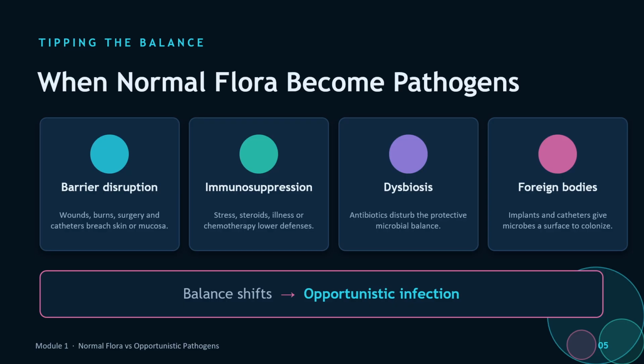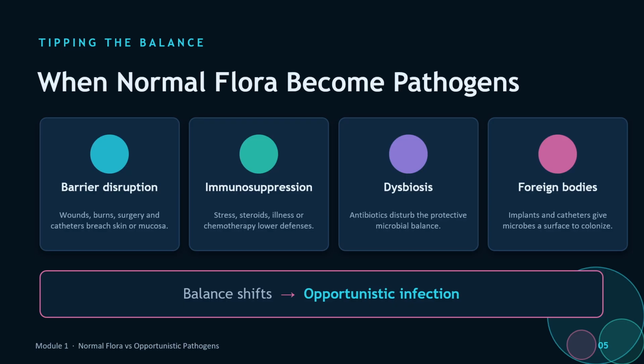Third, dysbiosis. This is where antibiotics come back to bite us. By killing the protective community, broad-spectrum drugs clear the way for overgrowth of whatever survives, often resistant organisms or yeast. Fourth, foreign bodies. Implants, sutures, and catheters provide an inert surface where microbes form biofilms that resist both immune clearance and antibiotics.